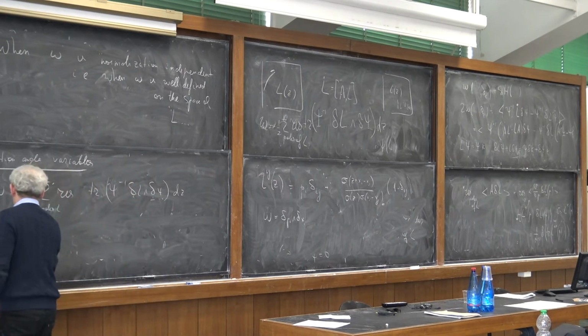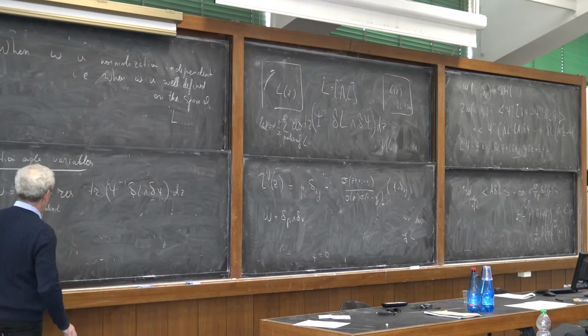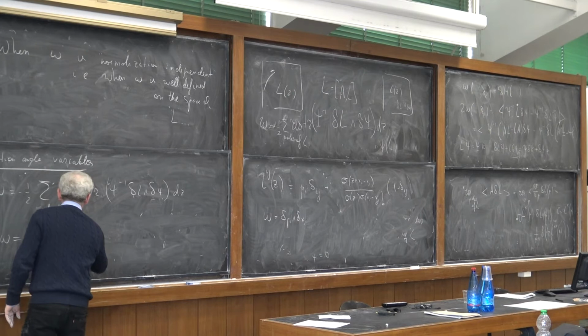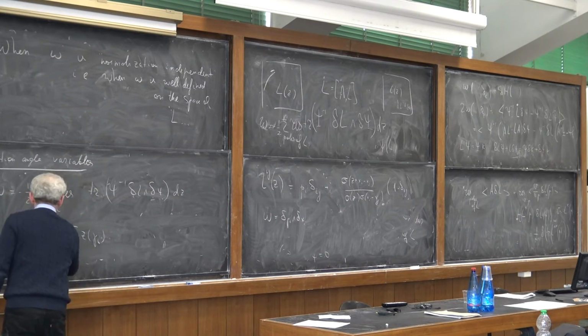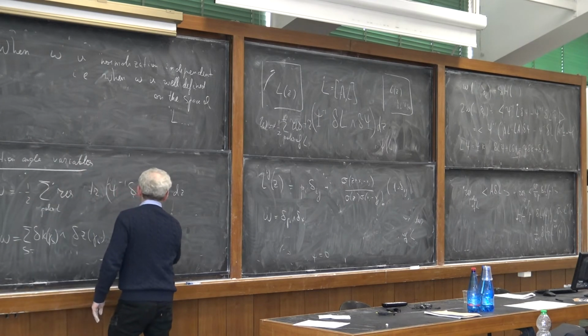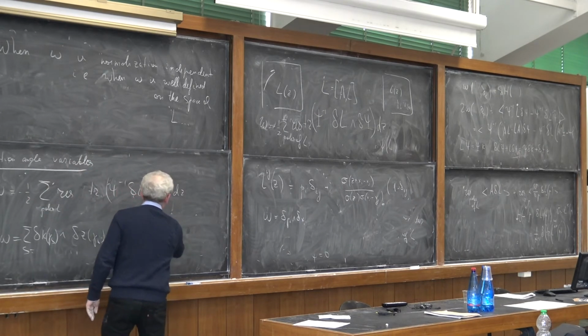And you get, from this fact, that this omega can be written as delta z of gamma s wedge delta k of gamma s, sum over all s from 1 to something. So gamma s, these are poles of your divisor.